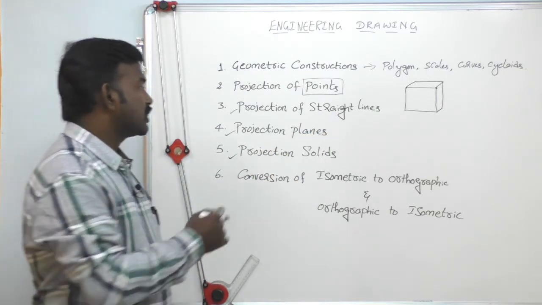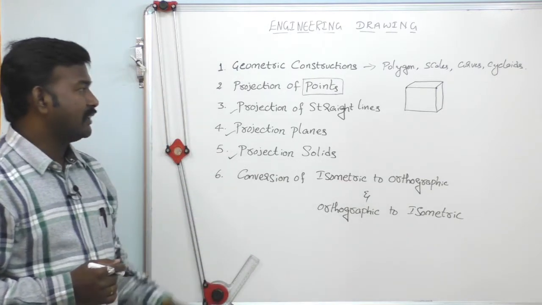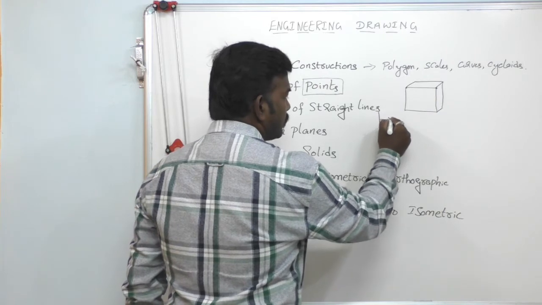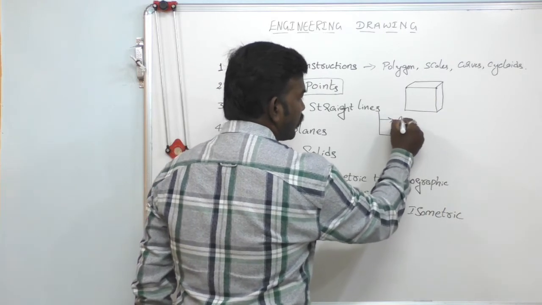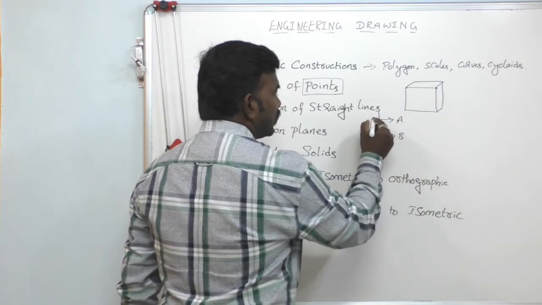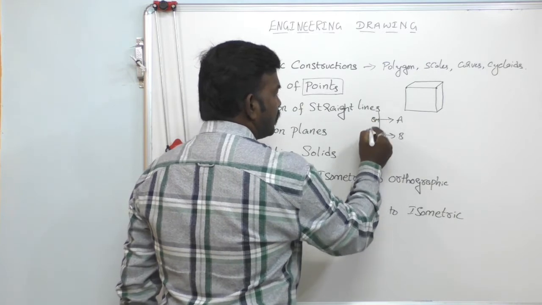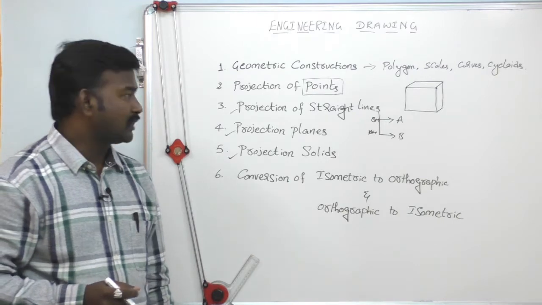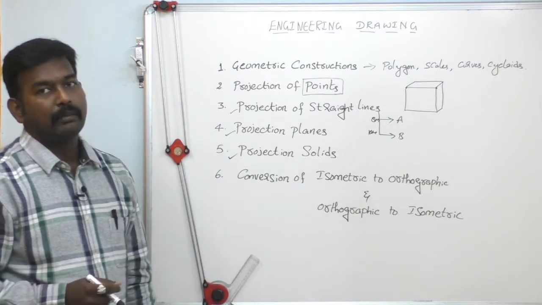And next one, projection of straight lines. In straight lines, we have two parts, part A and part B. Part A covers 8 marks, part B covers 16 marks in your external exam. So what are the topics in part A?